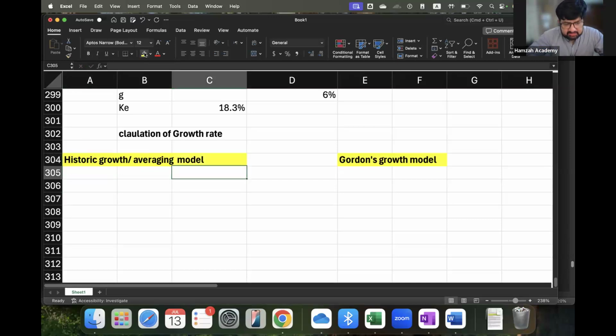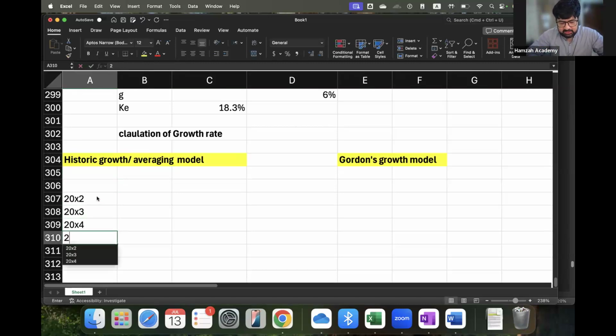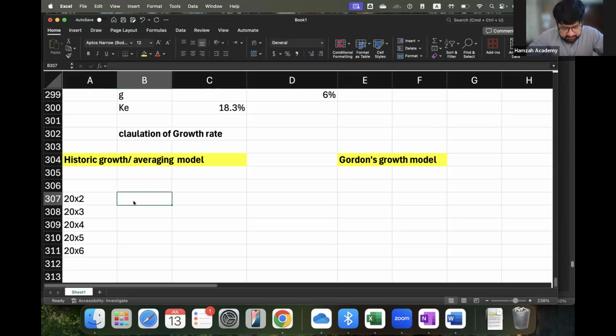Now, for example, 20X2, 20X3, 20X4, 20X5, and 20X6.